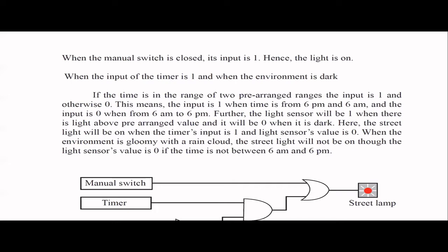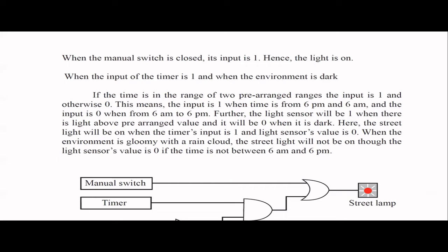Understood? And from 6 a.m. to 6 p.m. in the daytime, yes, the light sensor will sense light. So at that time, we don't need these street lights. Understood? So the light sensor will become 1 in the morning time, but we don't need the street lights on at that time.